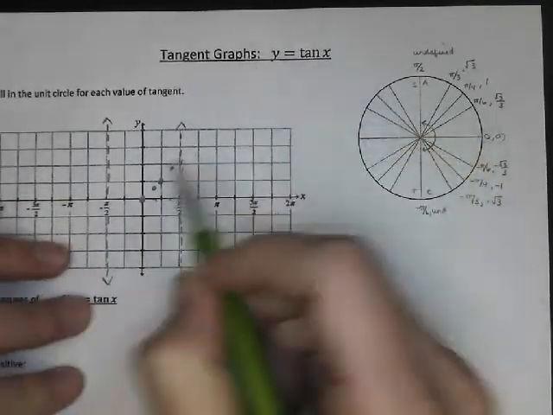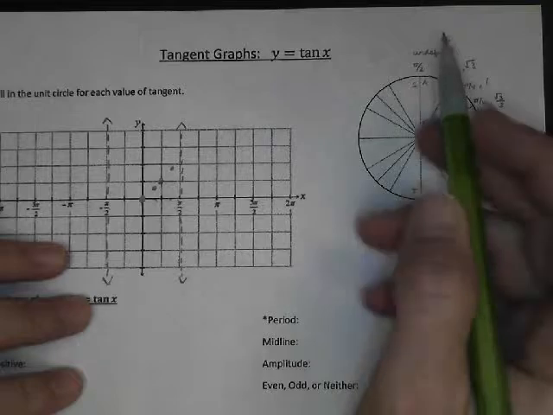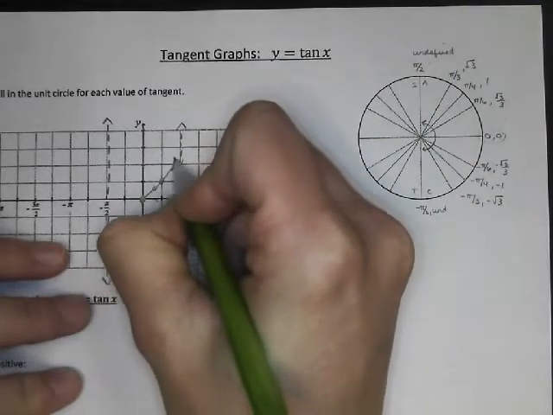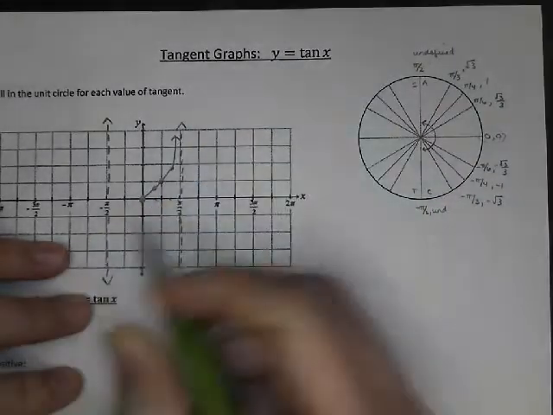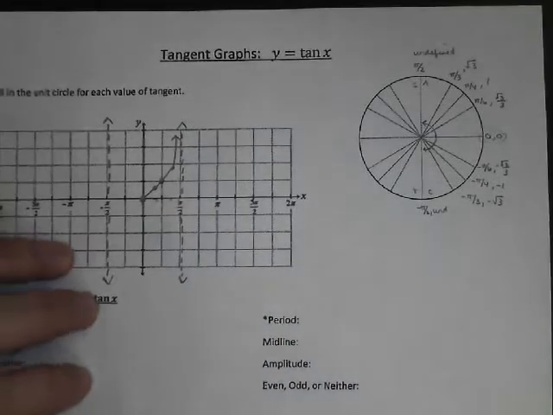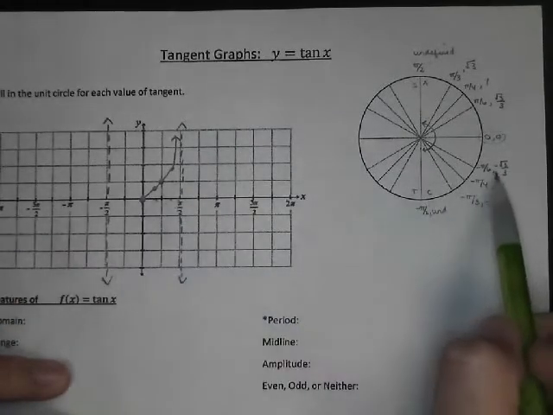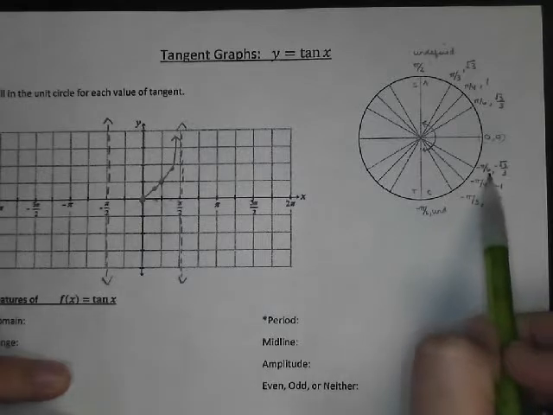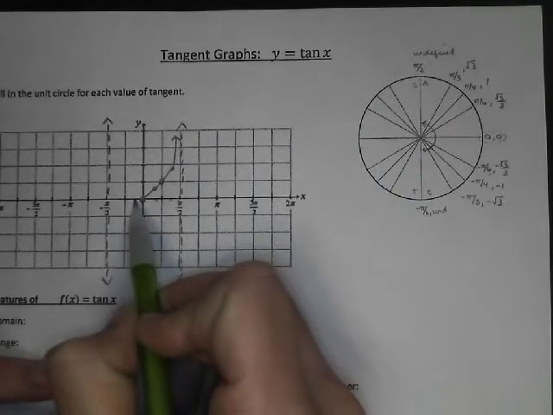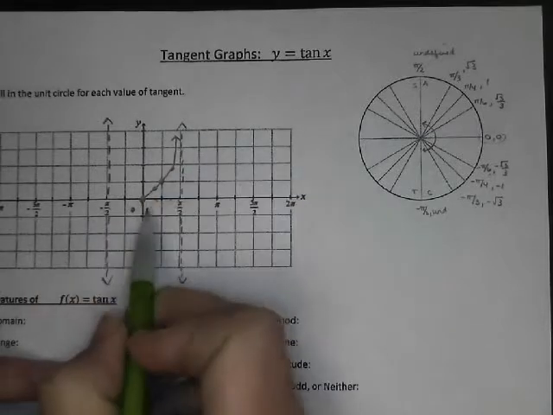What is going to happen is, as you go up, your tangent values are increasing indefinitely until they get to undefined. So this is going to look like this, which is typical. When we approach a vertical asymptote, we shoot up towards infinity, or down towards negative infinity. And then on the flip side of things, negative 30 degrees or negative pi over 6 with a negative root 3 over 3, that's a negative 0.577.